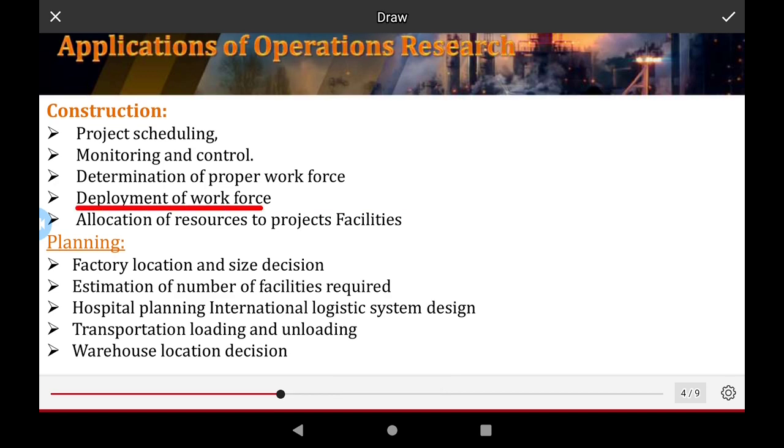Suppose one team of 100 workers performs the operation in the project, and it is decided to complete the project in 3 or 4 months.